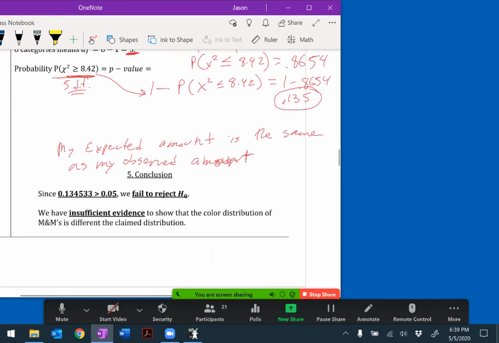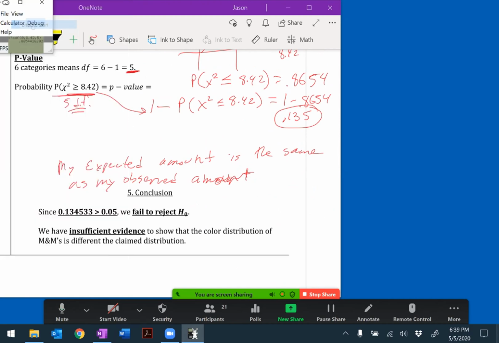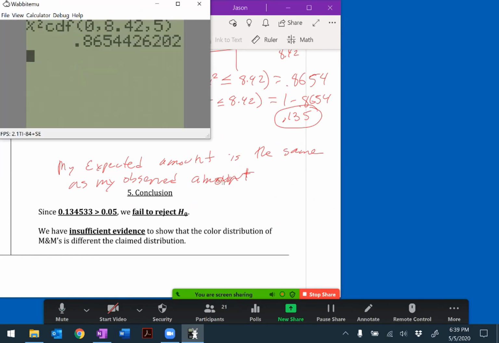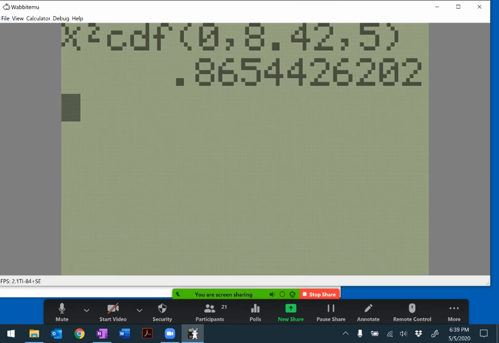Now let me see if I can go back. Let's go to view, enable skin. Oh, what the heck? Why is this so dang small? Now it's huge. Boom. Calculator, view, enable skin.